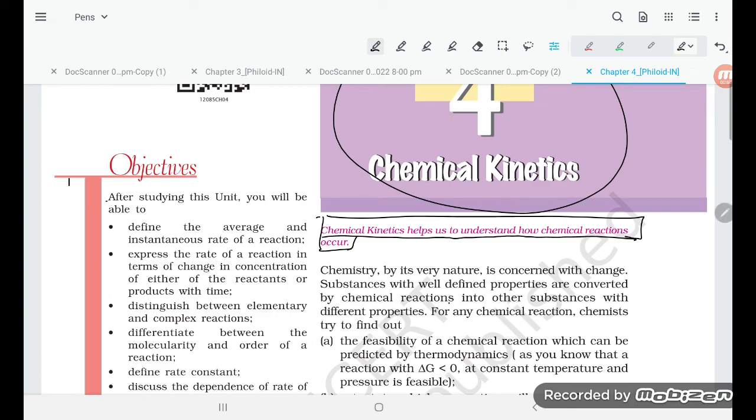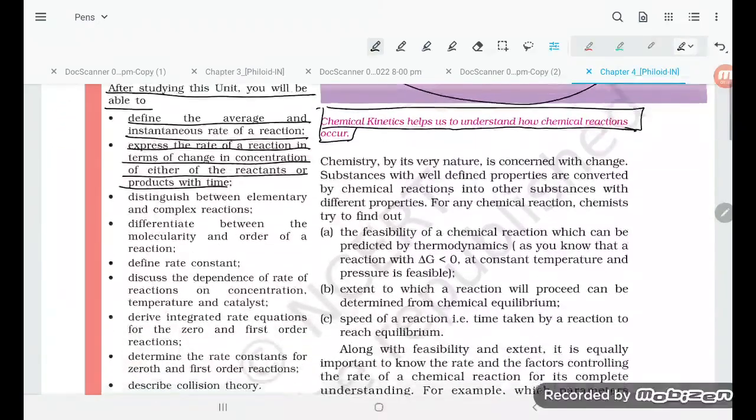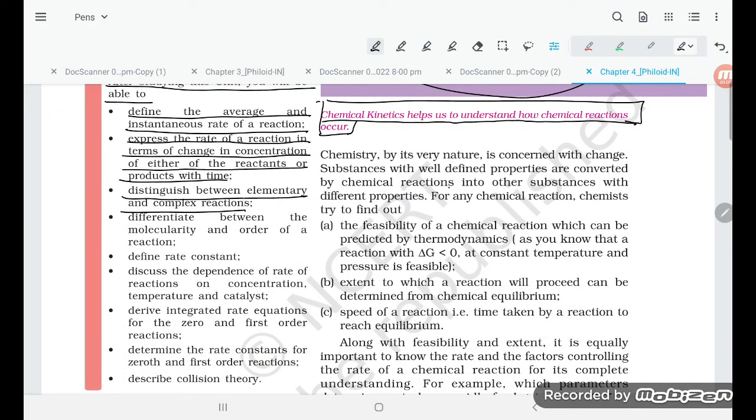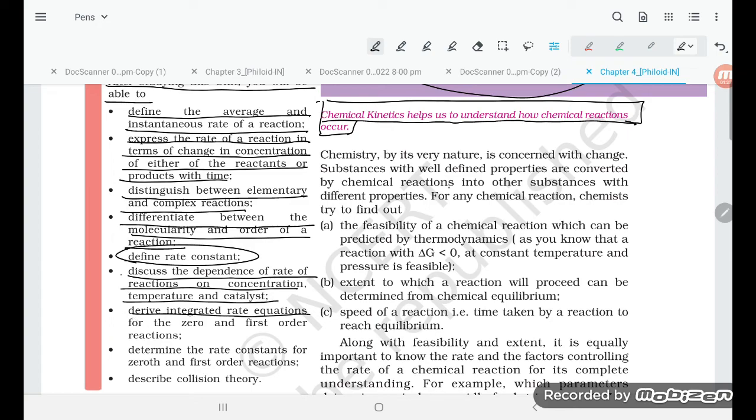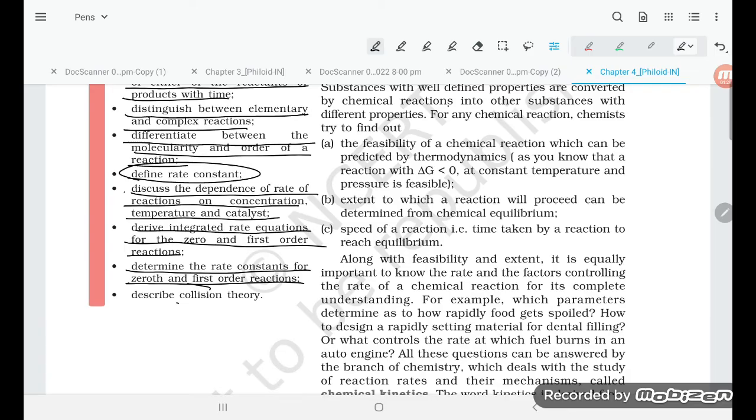After studying this unit you will be able to define the average and instantaneous rate of reaction, express the rate of reaction in terms of change in concentration of either the reactant or the product with time, and distinguish between elementary and complex reactions, differentiate between the molecularity and order of reaction, define the rate constant, discuss the dependence of the rate of reactions on the concentration, temperature, and catalyst, derive the integrated rate equation for the zero and first order reactions, determine the rate constant for the zero and first order reactions, and describe the collision theory.